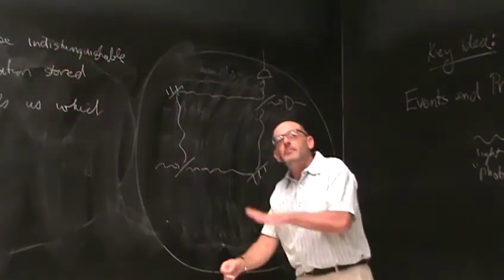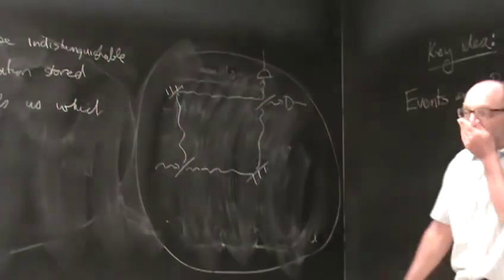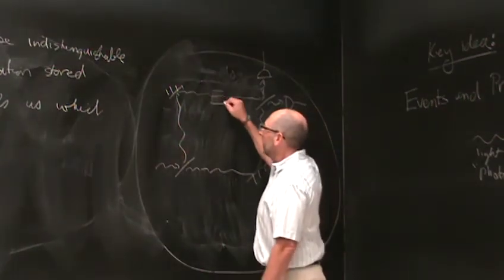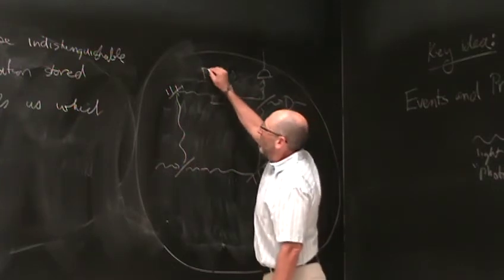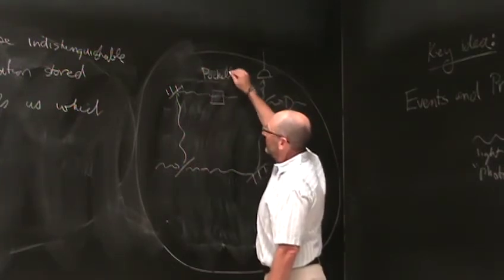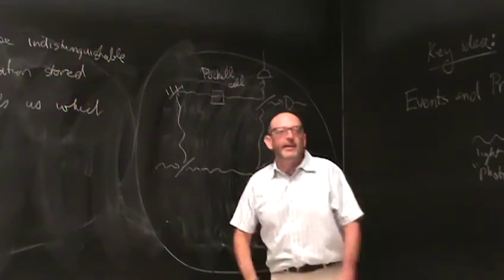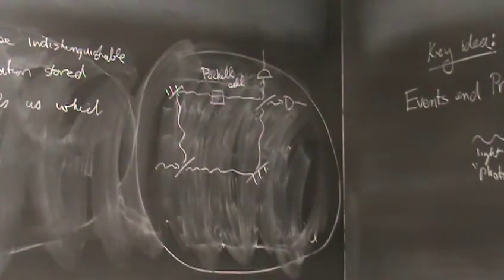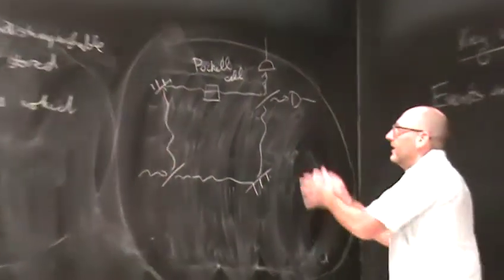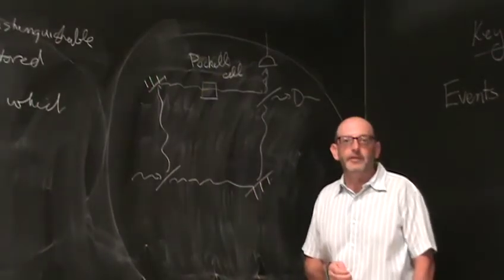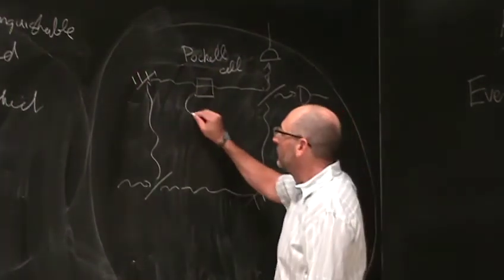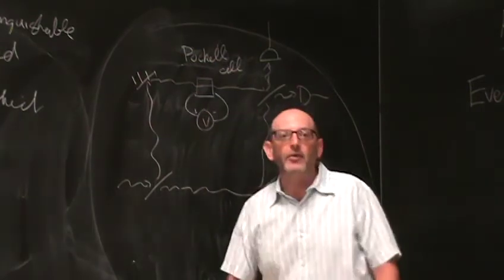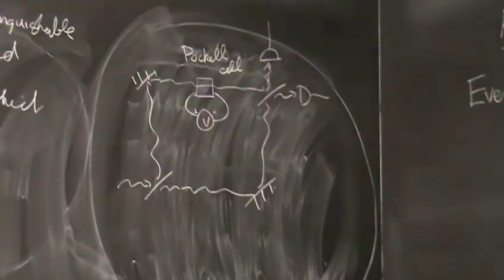But suppose I modify this a little bit and I place in the path of one of these arms of the interferometer a Pockels cell. So a Pockels cell is a crystal which, when light passes through it, develops a voltage across it. Okay? So I could put a little voltmeter across the Pockels cell. It's a transparent crystal.